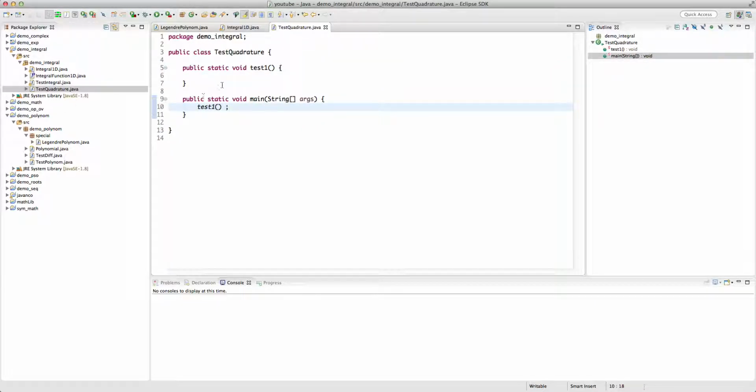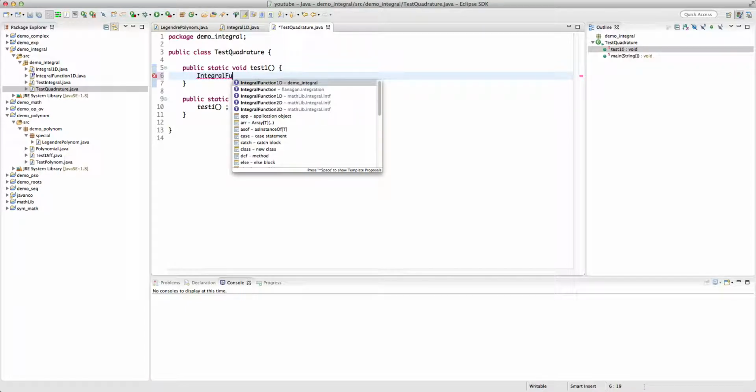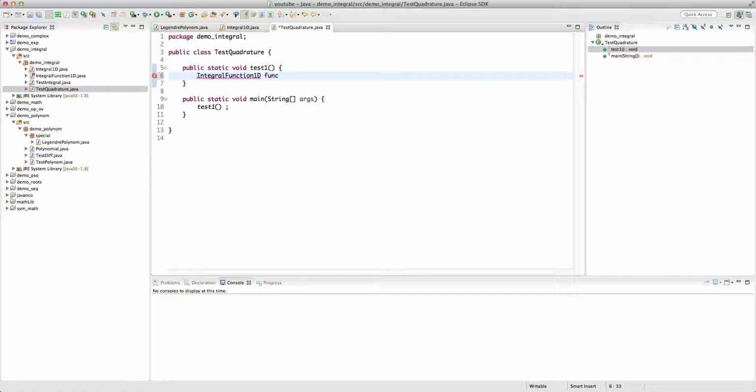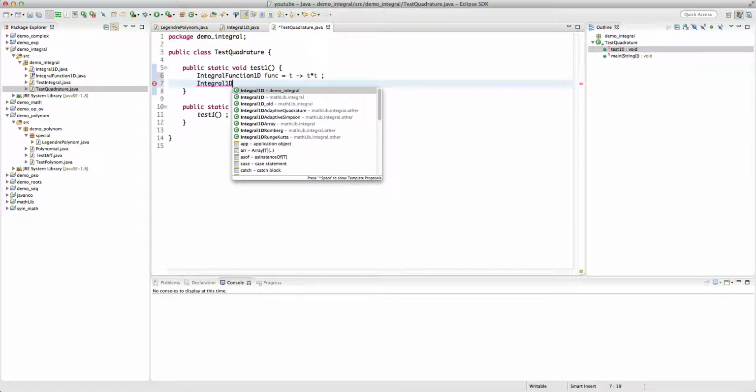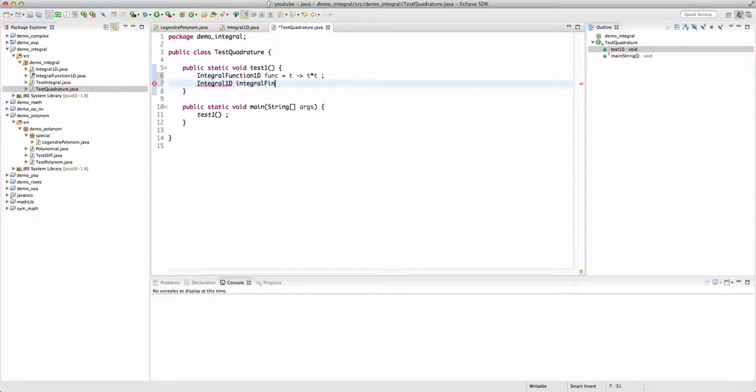All right, and now in the test1, I'm going to create an integral function 1D. Func t goes to t times t, for example, and then I'm going to create an integral 1D integral finder, new integral 1D.